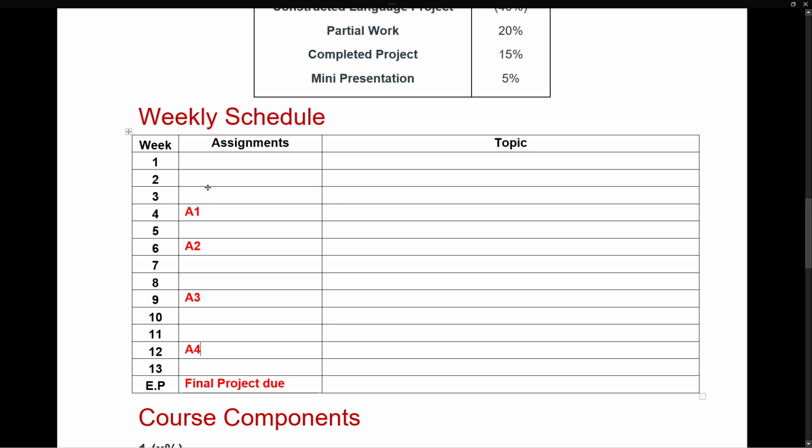Now, with the check-ins, the partial work for the final project, well, we do want things coming in at a reasonable pace. So I want people to start pretty early to start building their projects. So maybe we can do a final project check-in 1 in week 5.